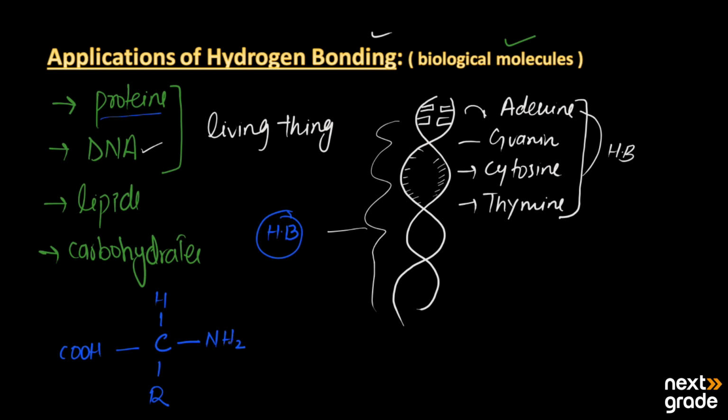Now a bond is created between one amino acid and the other amino acid, and the bond formed is known as the hydrogen bond. So this is a very important application of hydrogen bonding in biological molecules: they are joined by hydrogen bonding with one another.